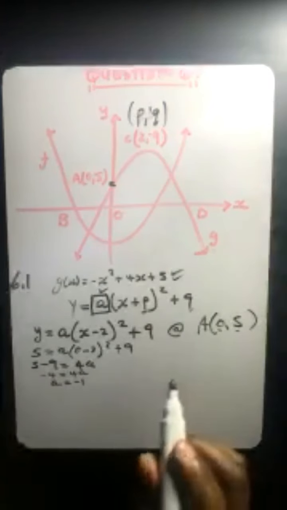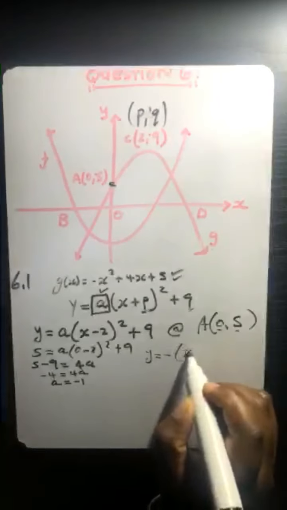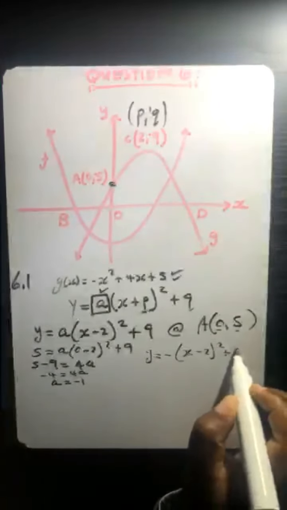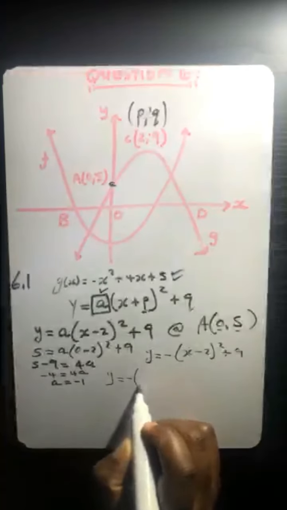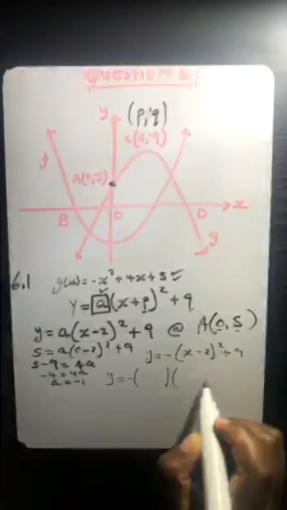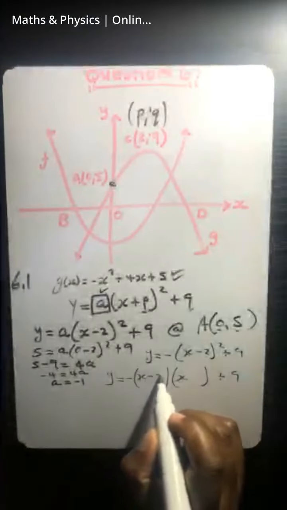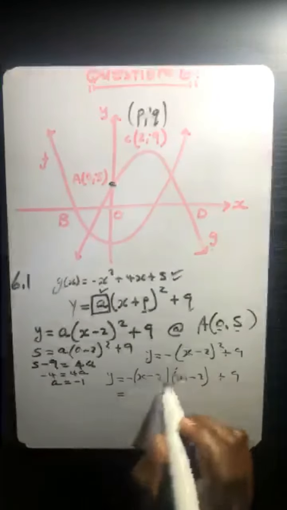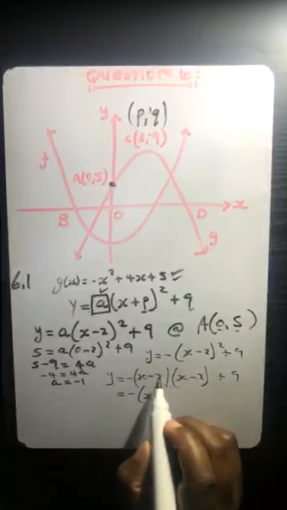Now that we know that our a is equal to negative 1, then it's negative 1 into x. We said that we write the opposite sign, plus 9. Then we end up having y is equal to negative 1 times (x minus 2) of the same thing, plus 9. We have x minus 2, the same thing. And then we do that by that. Then we end up having x squared.